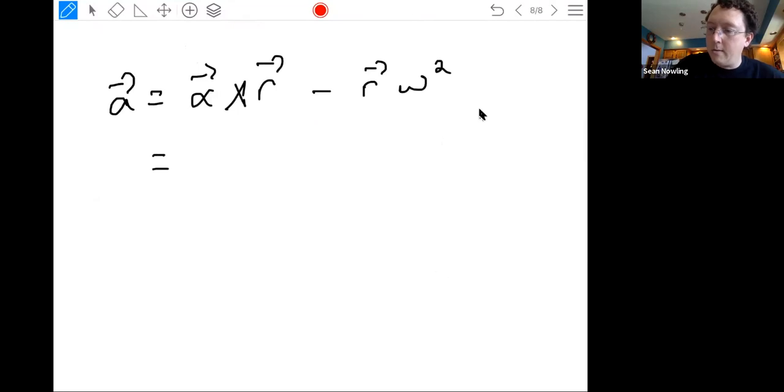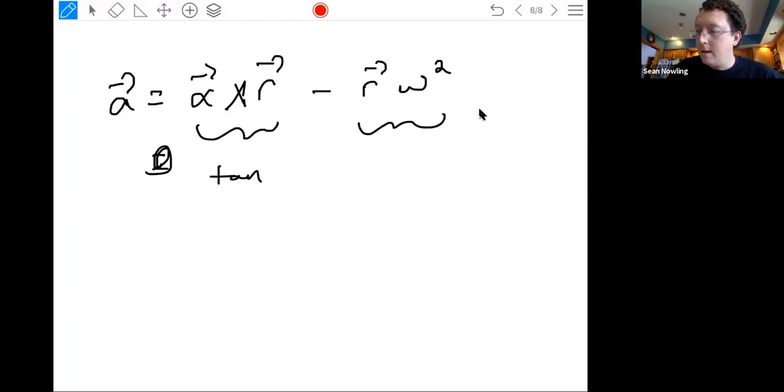Or if you're just writing out components, this will be the tangent portion, and this will be the normal, or I usually call it radial.